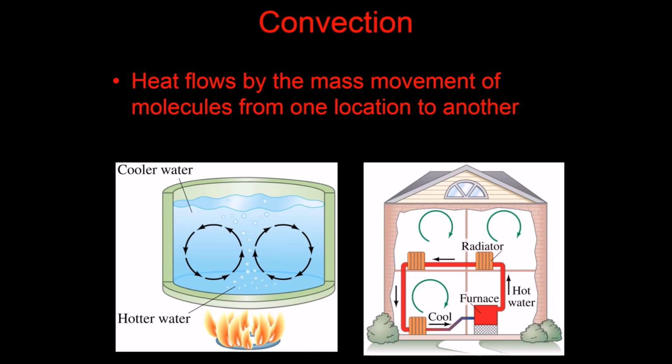The unfortunate part when we are dealing with heating a home is the warmest air is nearly always located on the ceiling, which is somewhat annoying if you're attempting to stay warm. So heat really flows by the mass movement of molecules from one location to another. This is convection.